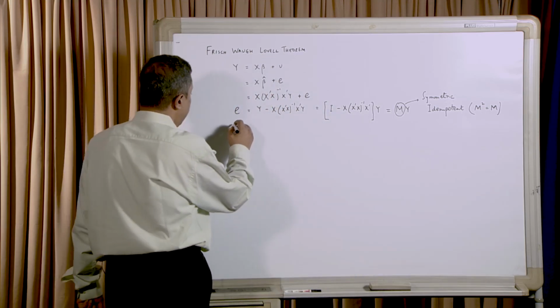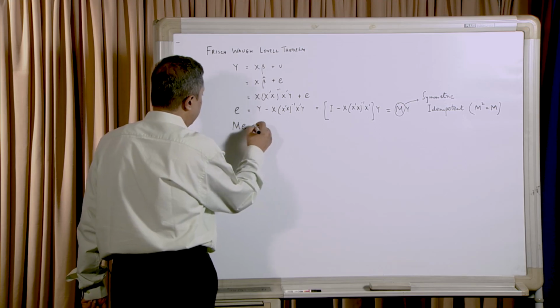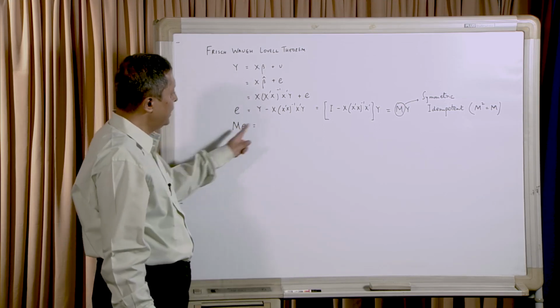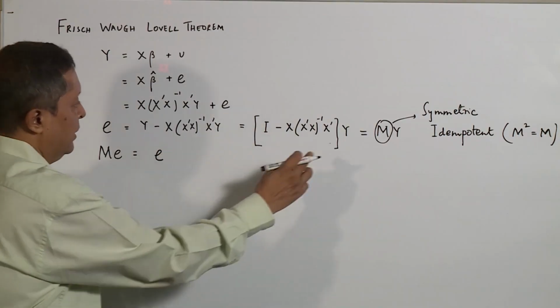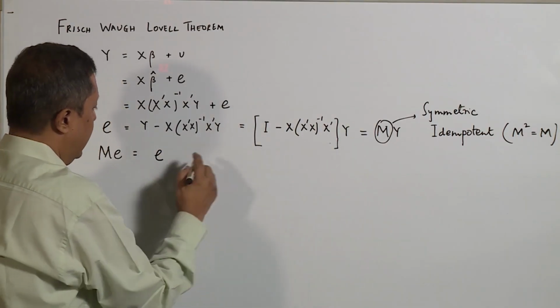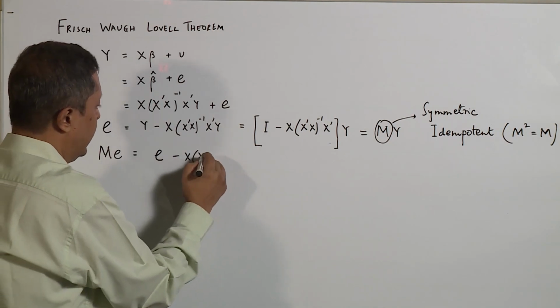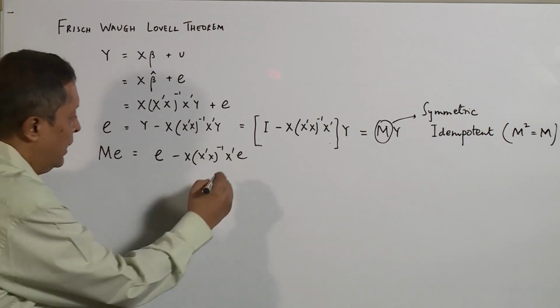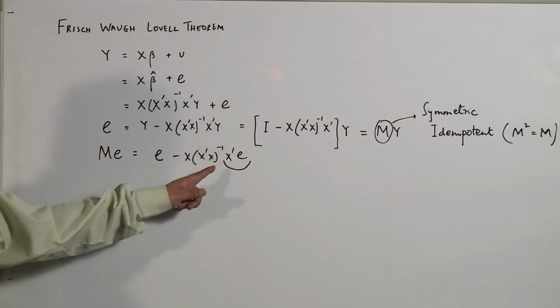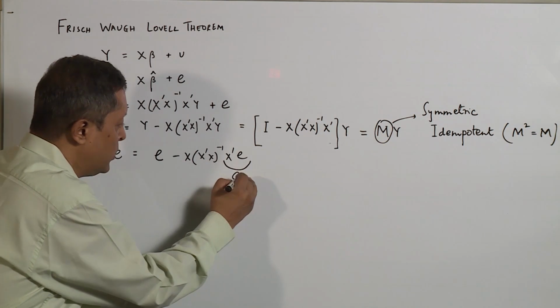So, if you write M times e, dear viewers, then you multiply this with e. So, that is e, instead of y you have e, and then you have X into (X prime X) inverse X prime e. You all know that X prime e is equal to 0.